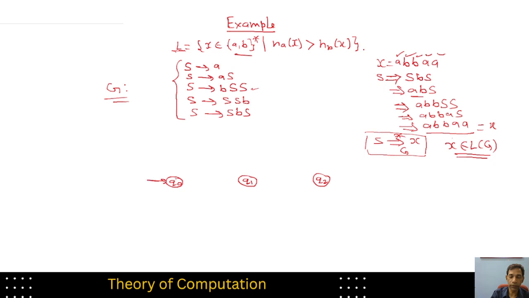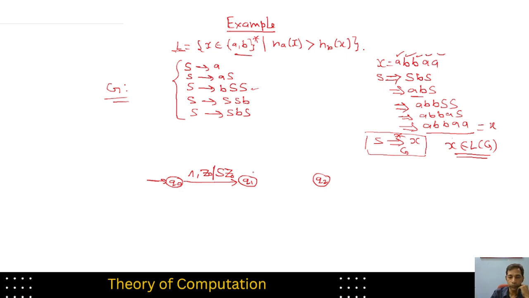You can start from the initial state Q0, and the first transition is what? From the Q0 we need to go to the state Q1 without consuming the input, and the top of the stack at this point is what? Z0, and hence we can replace this Z0 with S Z0. We are pushing S onto the top of the stack.